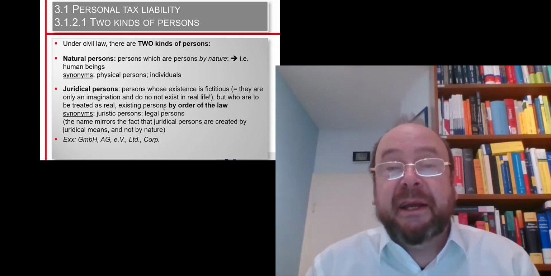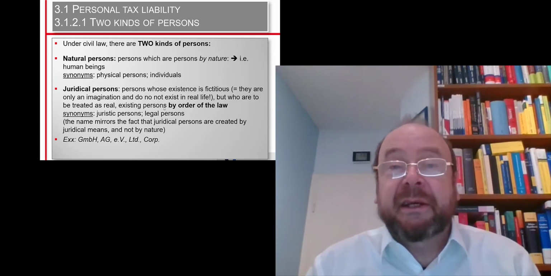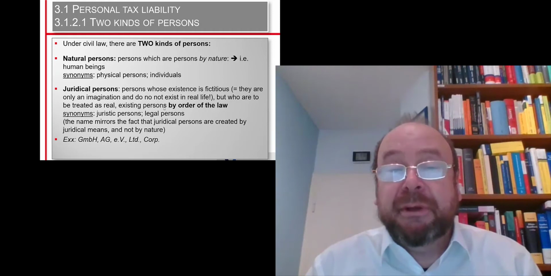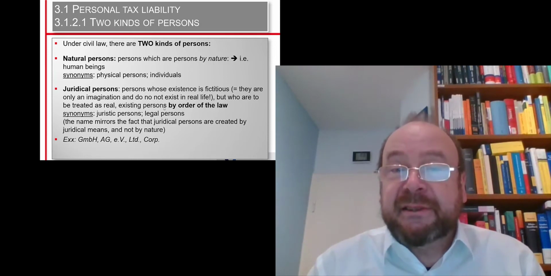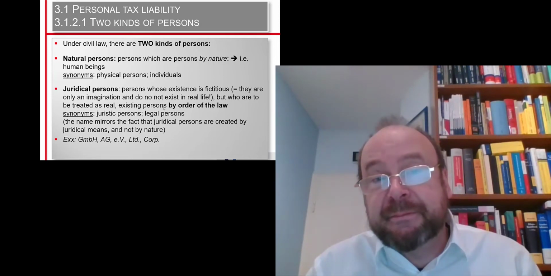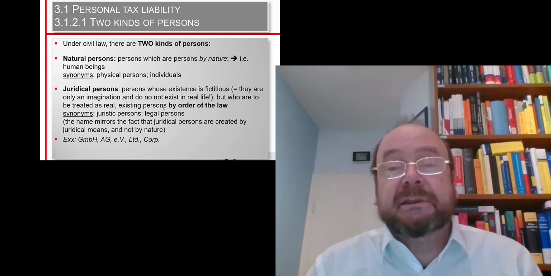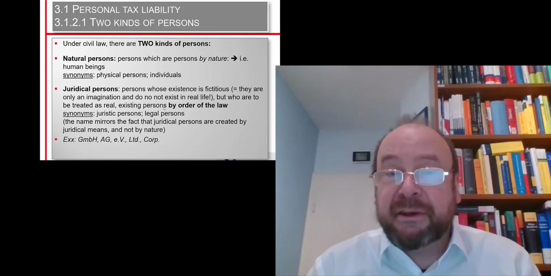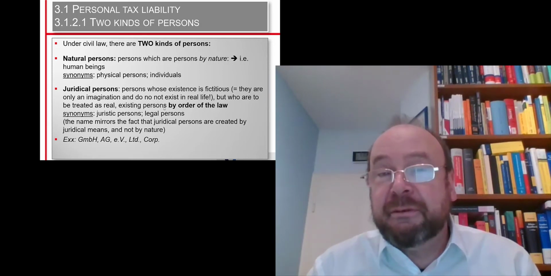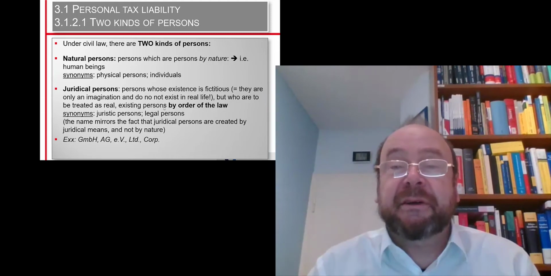It can buy a house, a building. It can employ people who work for it. And it can take up credits, and so it can owe money to others. But the trick, by the way, is that, for example, the shareholders of Deutsche Bank AG are different persons from Deutsche Bank AG.